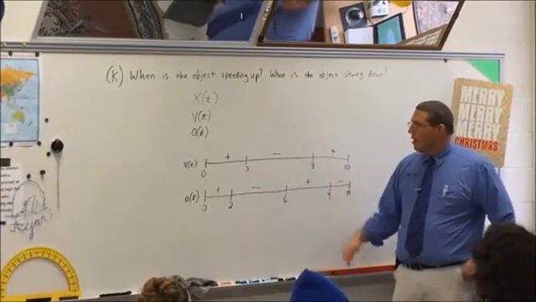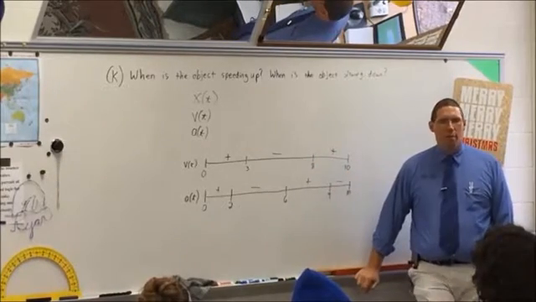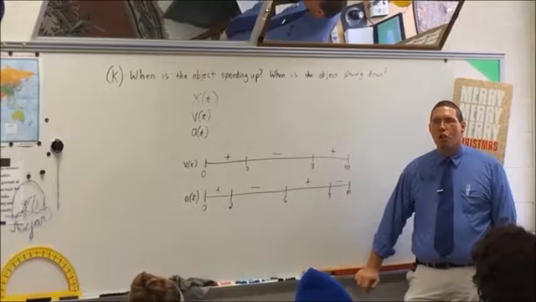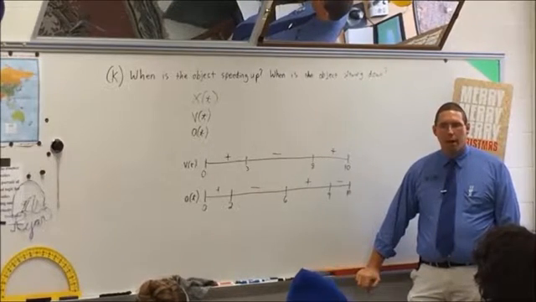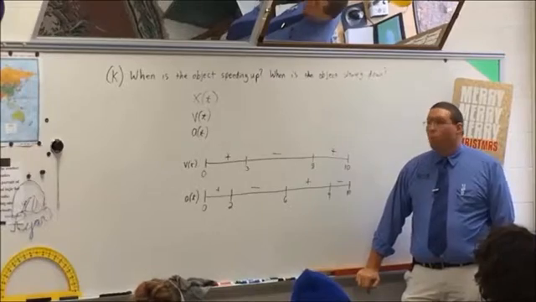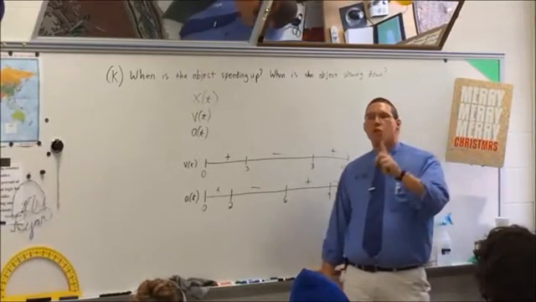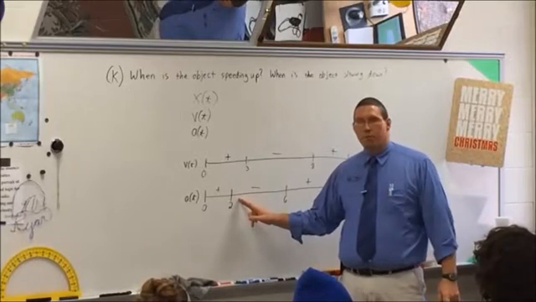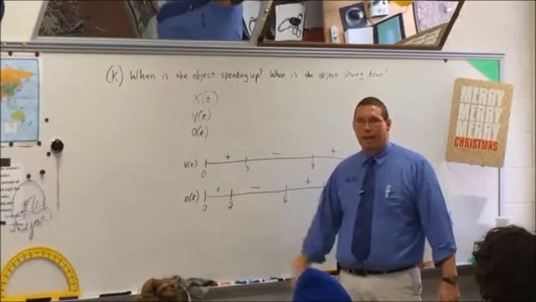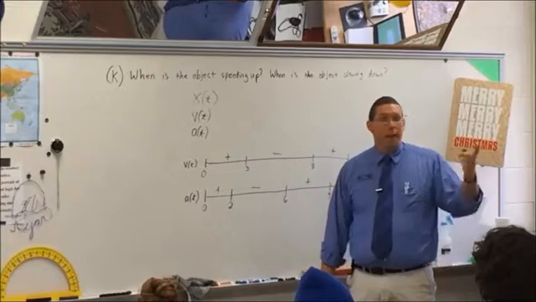But then if you're asked, identify an interval where the object is slowing down. We want to know where it starts slowing down. The object is slowing down at 2.5. When did it start slowing down? At 2.